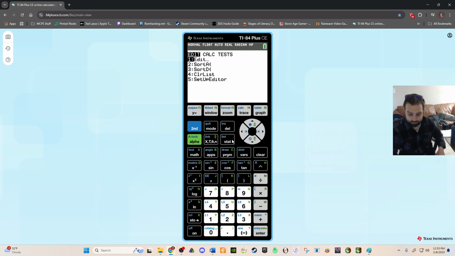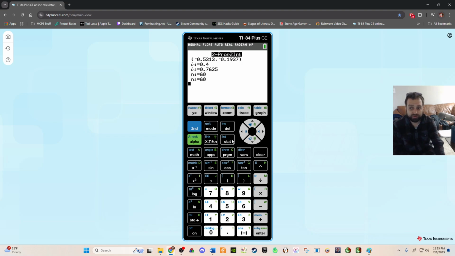Let's find it. Make sure it's the two-proportion interval, not the two-sample. It looks like it already knew the parameters that we had just by doing that test. We just have to change this to 98. All right, so there's the confidence interval.